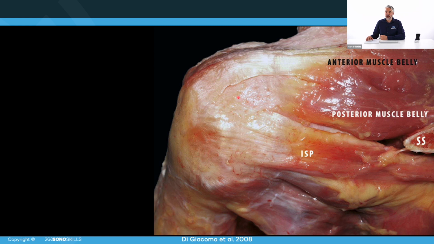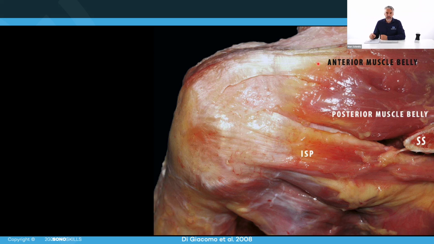So the muscle of the supraspinatus is reinforced, and I don't know if you knew that the supraspinatus is a muscle with two parts. We have an anterior part and we have a posterior part. The anterior part and posterior part really look different. They also have a different function. The anterior part of the muscle is reinforced with a large tendon which really flows into the muscle, an aponeurosis, which is lacking in the posterior part.